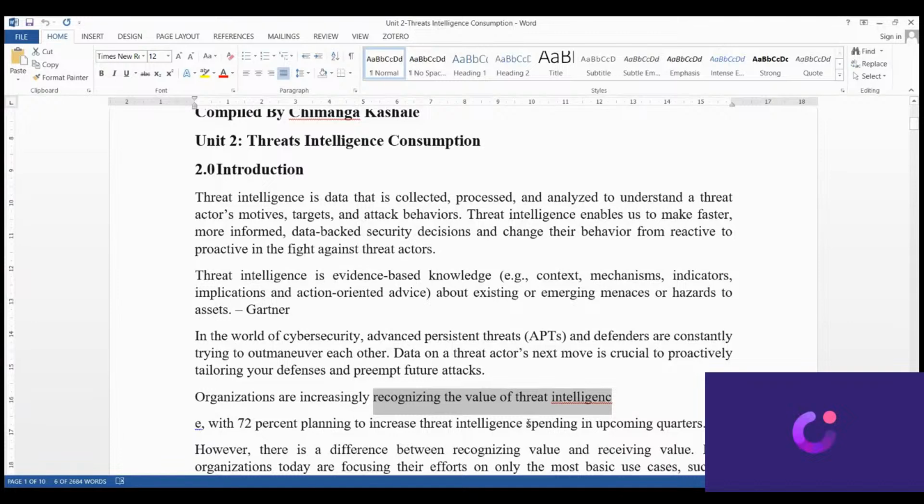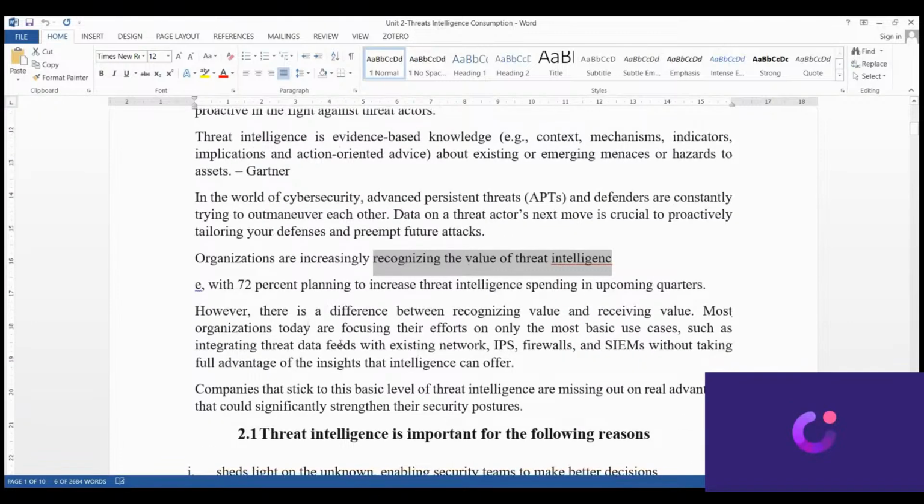However, there is a difference between recognizing value and receiving value. Most organizations today are focusing their effort on only the most basic use cases, such as integrating threat data with existing networks, IP addresses, IPS, firewalls, intrusion detection systems, and SIEMs, without taking full advantage of the insight that intelligence can offer.